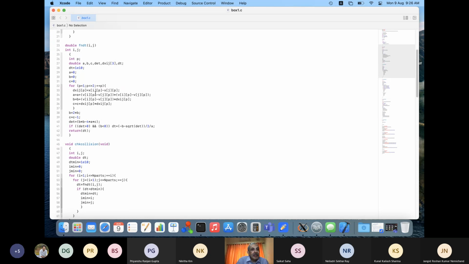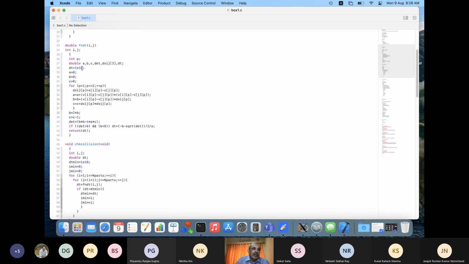And what is this function dt? Well, you calculate the differences, the components of xi minus xj, then you calculate A, you calculate B, and you calculate C. B is twice B, C is equal to C minus 1. Then you calculate B squared minus 4AC. You check if this determinant is greater than 0, and if B is less than 0, only then calculate dt.